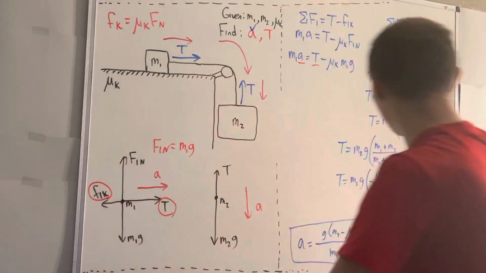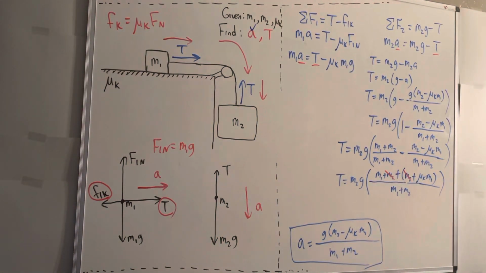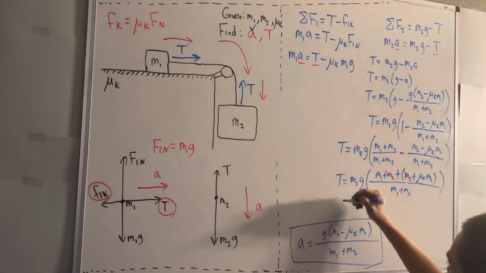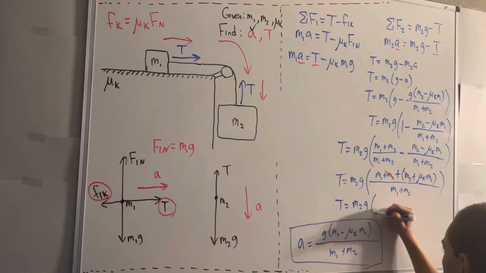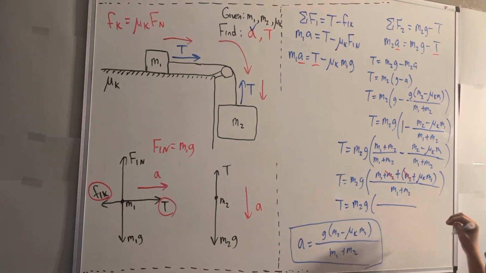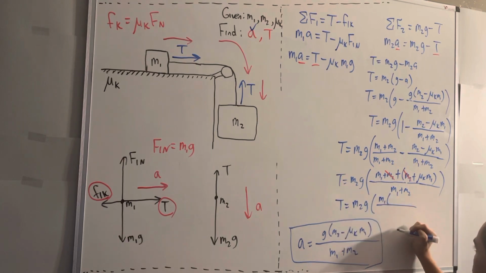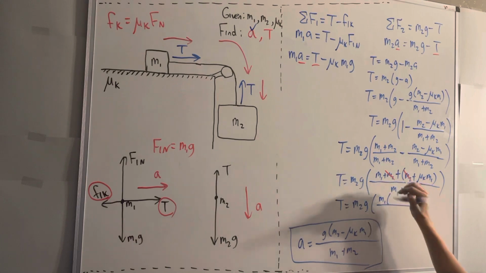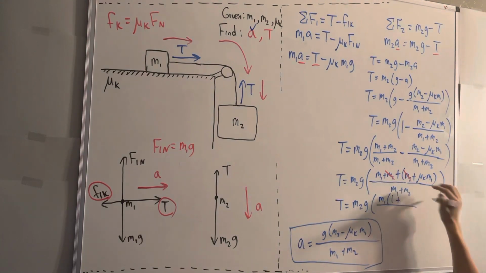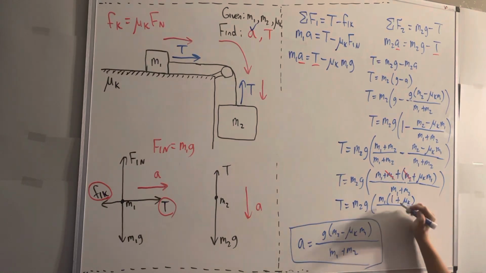So at this point, we're going to move up to this in a single step. Basically, we can factor out m1 from this, and we get m1 times 1 plus mu k. Interesting, mu k plus 1, divided by m1 plus m2.